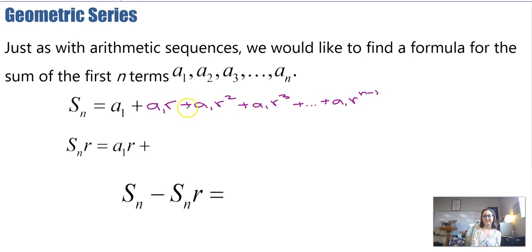Remember that the second term you multiply by r once, the third term you multiply by r 2 times, the fourth term you multiply by r 3 times, and so the last term, the nth term, you would multiply by r n minus 1 times.